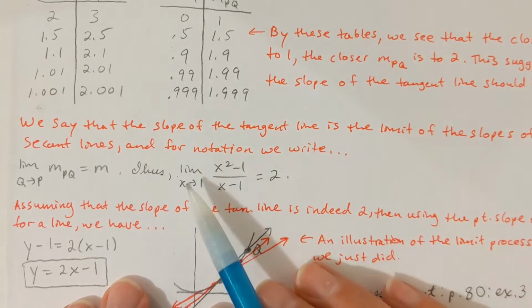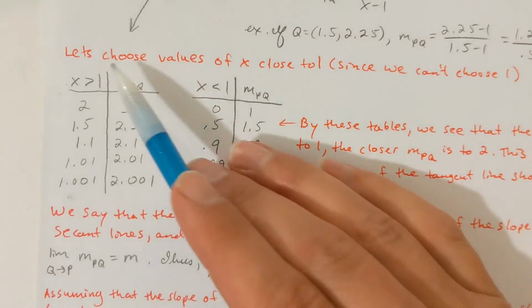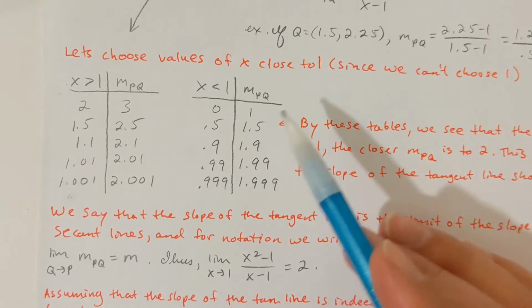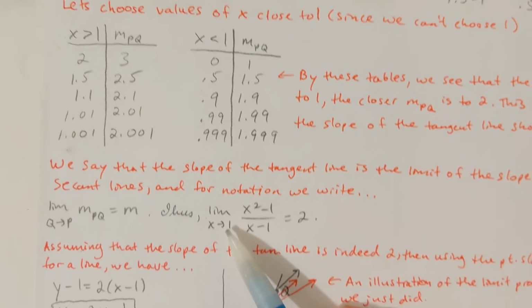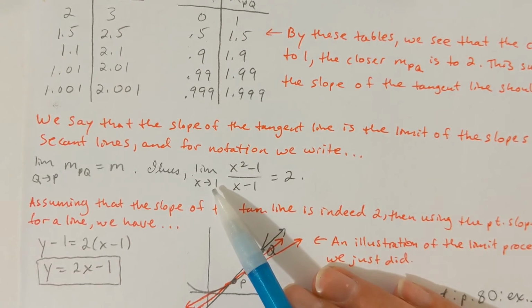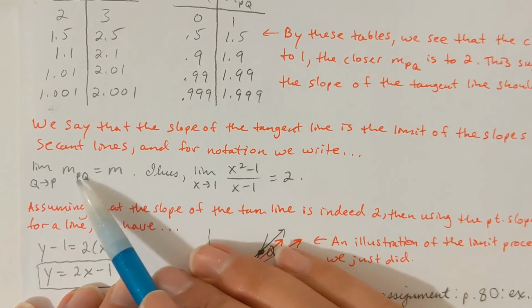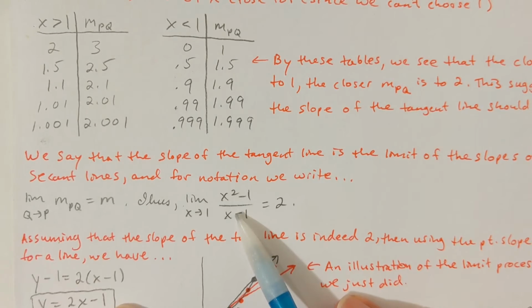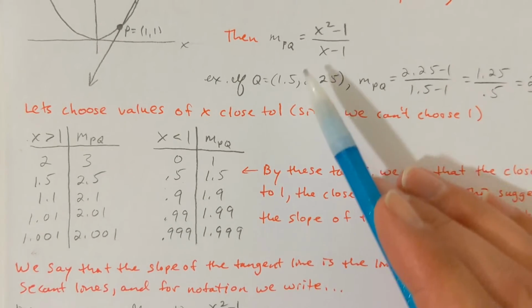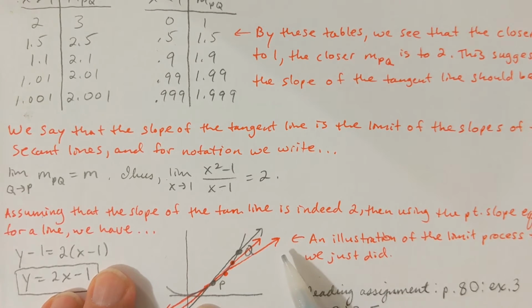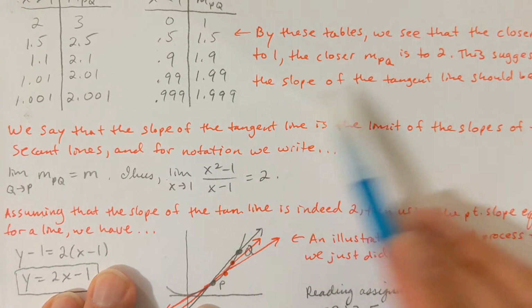So if I were to write down this limit in terms of x, since I was selecting values of x in the chart that were close to 1, I'd say the limit as x approaches 1 of the slope of the secant line, which is x squared minus 1 over x minus 1, that formula that we've been using, is the slope of the tangent line. And we think that slope is 2.